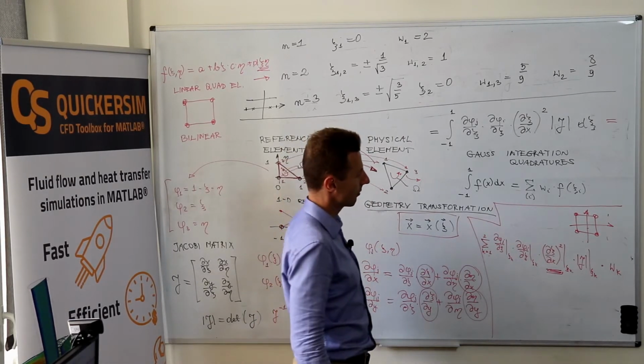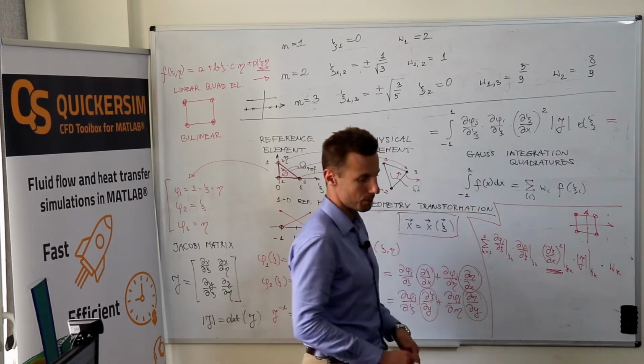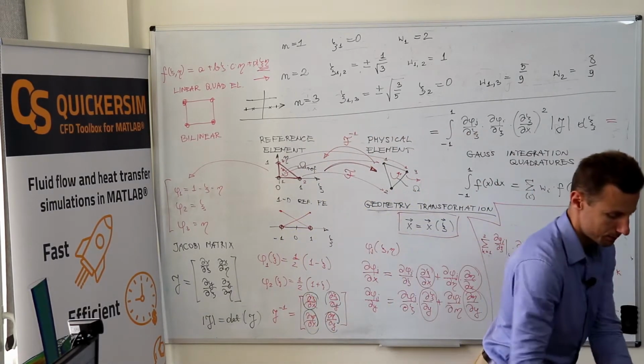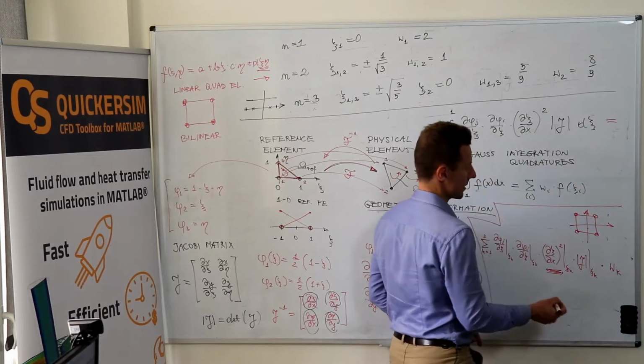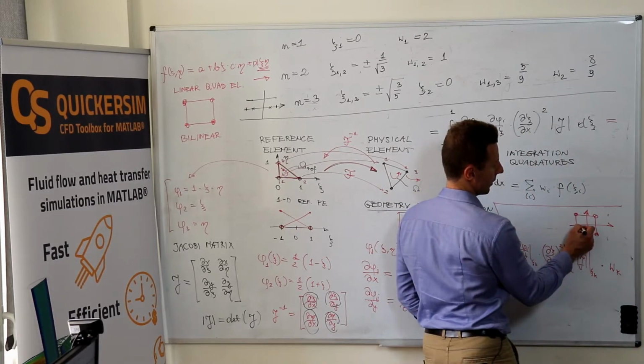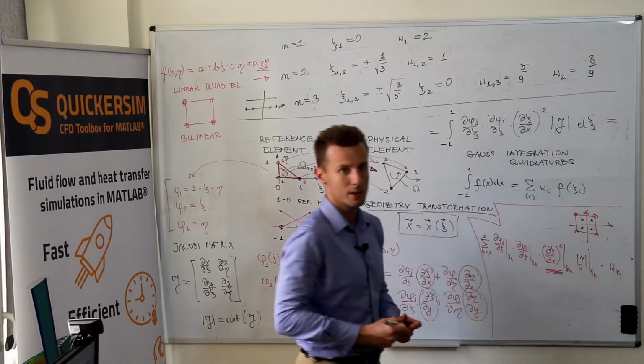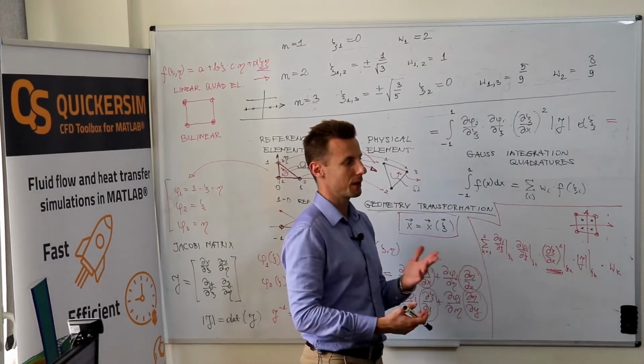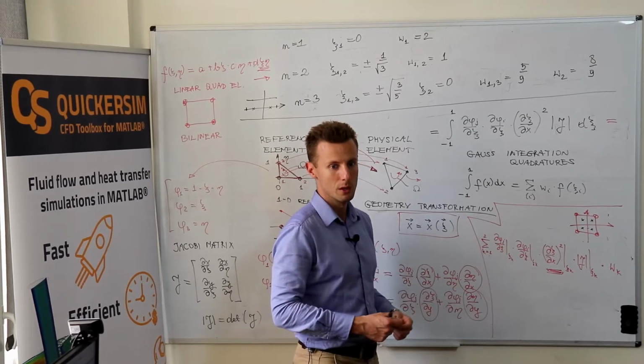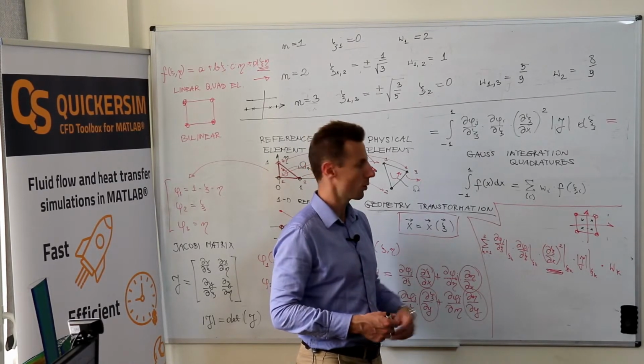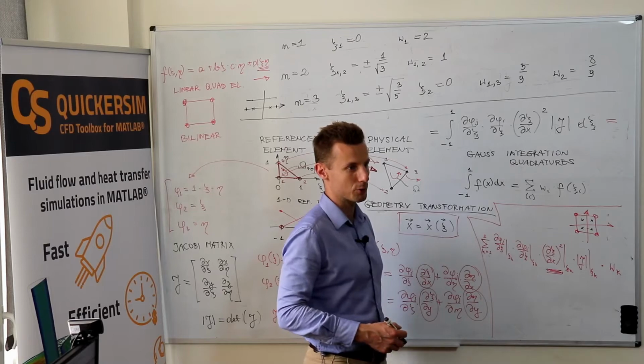And the nice thing about Gauss integration formulas is that you can easily derive the two-dimensional Gauss integration rules, taking the Cartesian product of two one-dimensional Gauss quadratures.